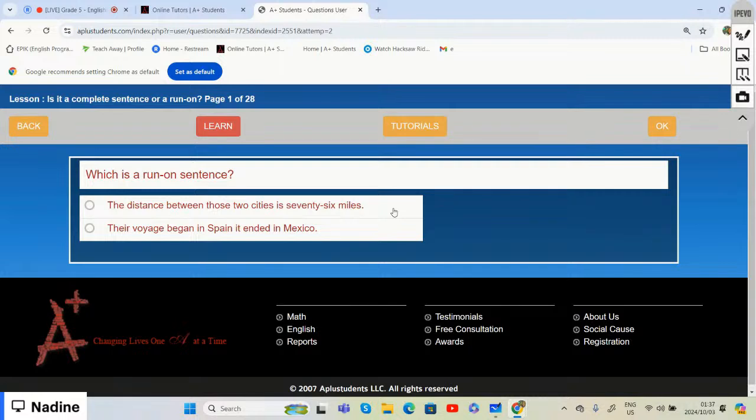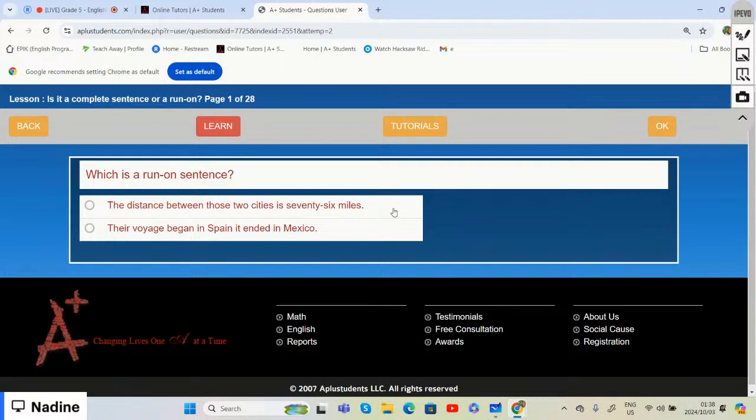All right, so we need to say which is a run on sentence. Remember, a run on sentence either has no end punctuation or it has a comma. So two sentences together that are basically separated by a comma, or there is no end punctuation.